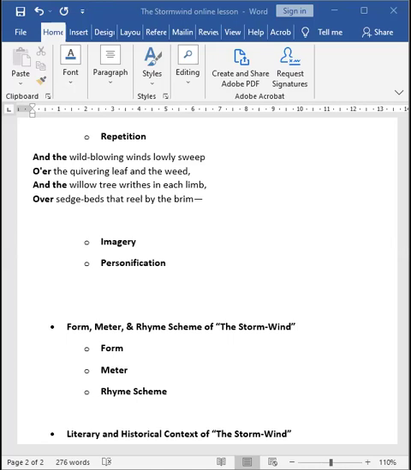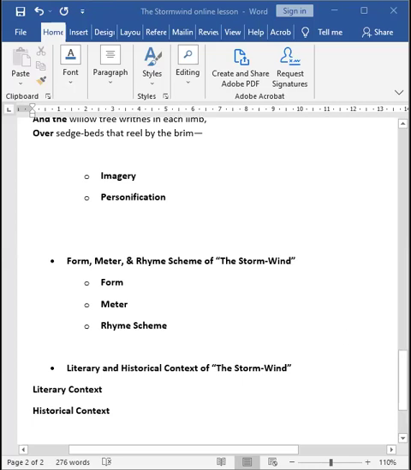Now let us move on to the form, meter, and rhyme scheme of The Storm Wind. The form: The Storm Wind contains three sestets. Sestet means six lines. Therefore, there are three stanzas, and each stanza has six lines. These can each be broken up further into a quatrain followed by a couplet based on the poem's rhyme scheme.